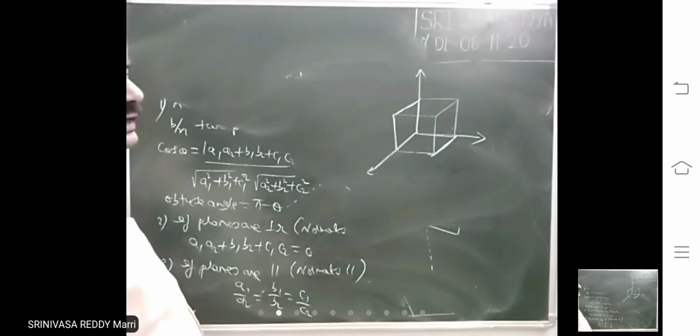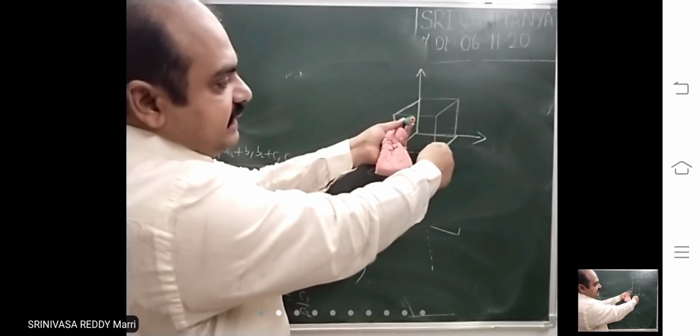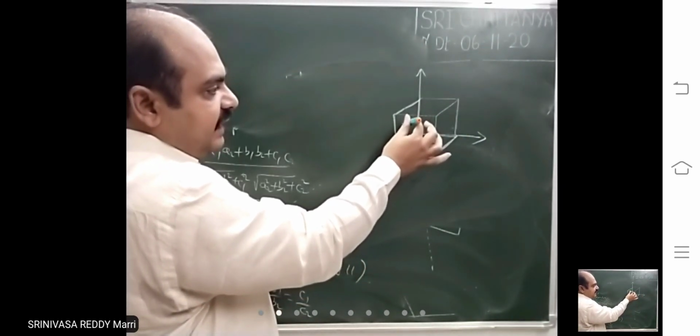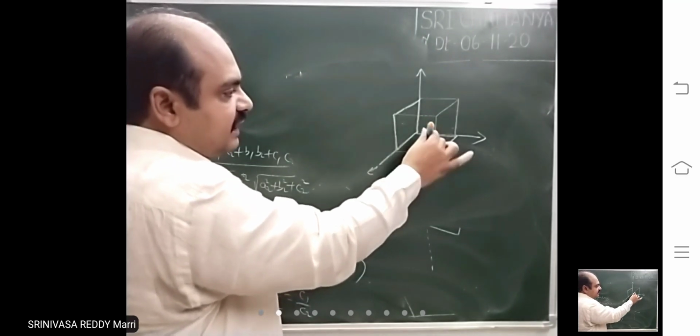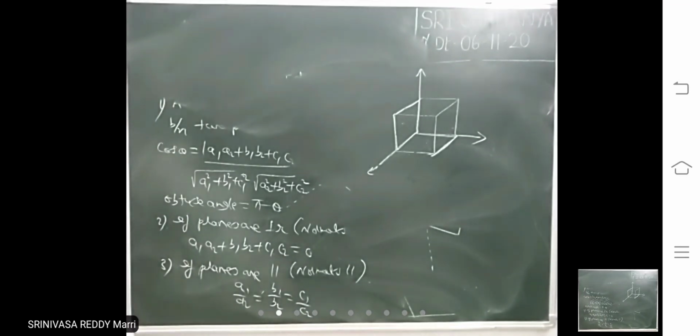That means, here you keep one plane to this plane and here you keep one plane. This is the normal vector of this plane. Now this is the normal vector of this plane. This normal and this normal will be perpendicular.